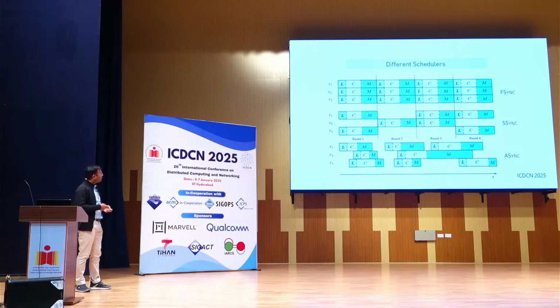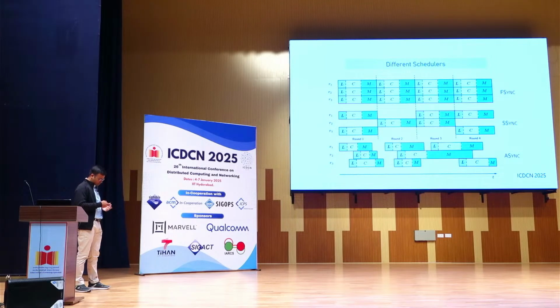But in synchronous, the time is equally divided into rounds, and in each round the activated robots, here I have only illustrated 3 robots, R1, R2, R3, simultaneously do their phases. In fully synchronous, FSYNC, all the robots get activated in each round, but in semi-synchronous, some robots might not activate.